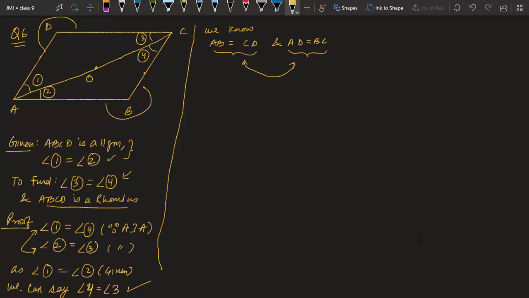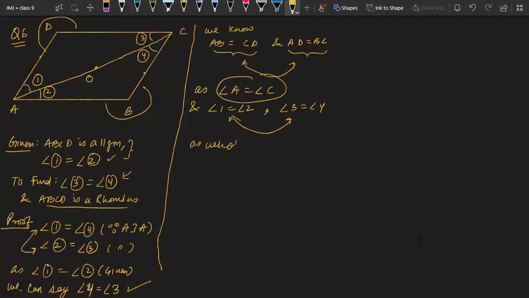So let me write that as angle A is equal to angle C and angle 1 is equal to angle 2, comma, angle 3 equal to angle 4, but we can say as the wholes are equal, similarly the halves will be equal.